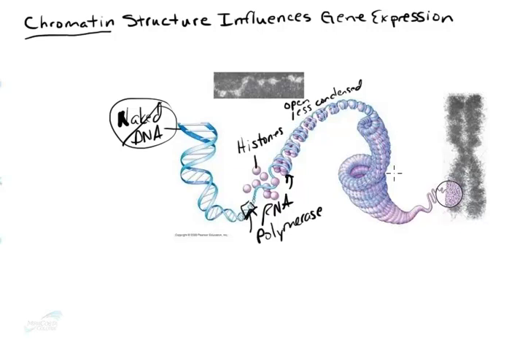If chromatin is in this more highly compacted or closed chromatin state, then RNA polymerase really can't gain access to the promoter sequences in the DNA that it's looking for, right? They're all kind of locked up within this physical structure of the chromatin.